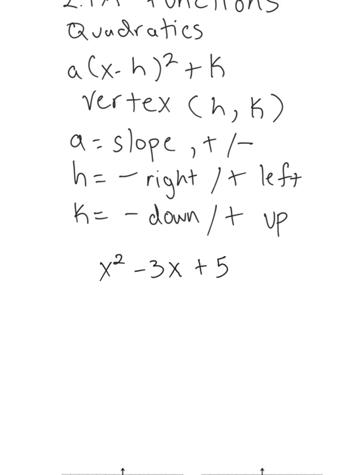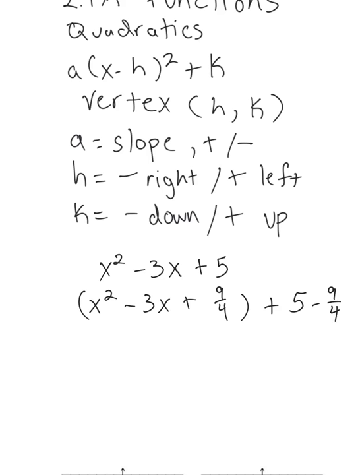I'm going to split up the 5, so take the x squared minus 3x in parentheses, the 5 is going to be by itself. Half of 3 will be 3 halves. Then you square that. Squaring that will be 9/4. We add 9/4 on the inside. We have to subtract 9/4 on the outside.